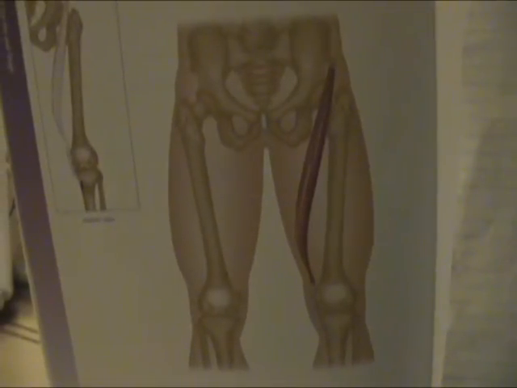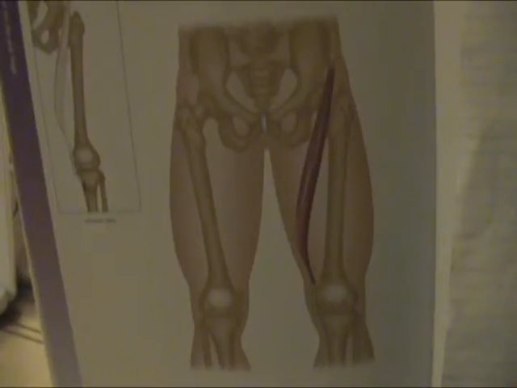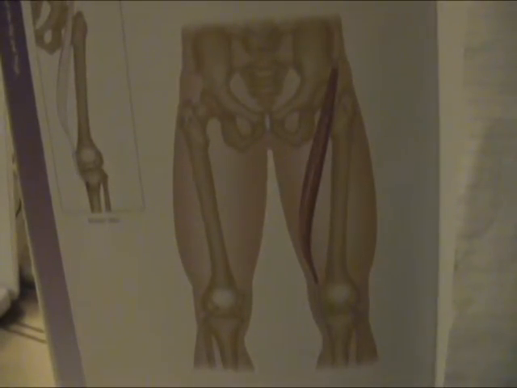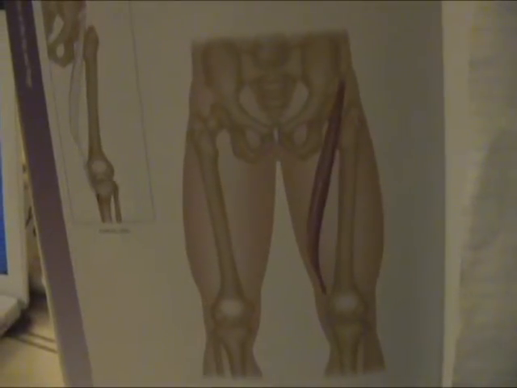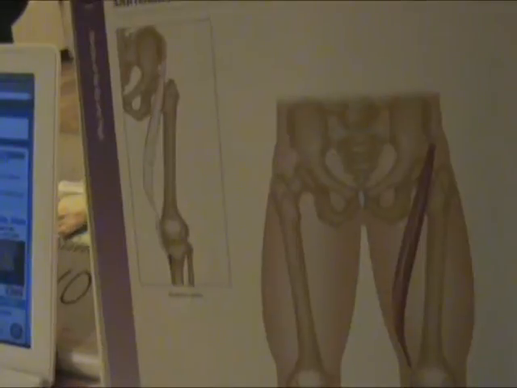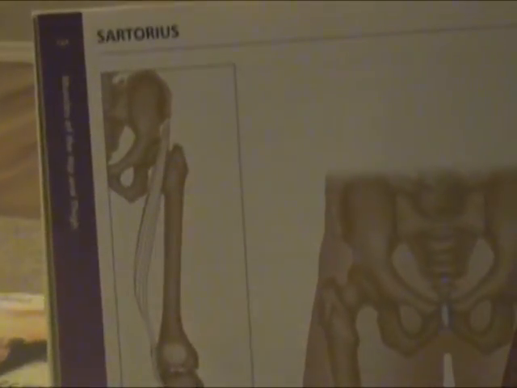This is the sartorius muscle, number 56 on the muscle chart. It is pinned on the cadaver. You will find that as number 25 on your list. The origin of the sartorius is the anterior superior iliac spine.